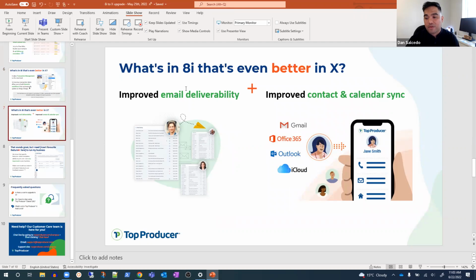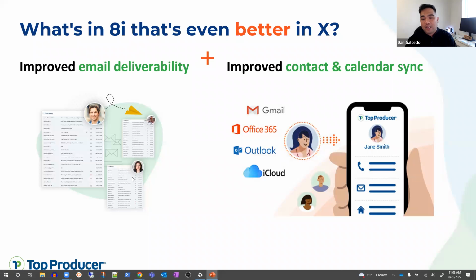Another thing we want to talk about is improved email deliverability. What we mean by that here is, in 8i, when you send out an email from 8i, I don't know if you noticed, but those emails are not being sent directly from your own email account. So if you have a Gmail account or an iCloud account, when you send out an email from 8i, it's not using your actual account to send them.